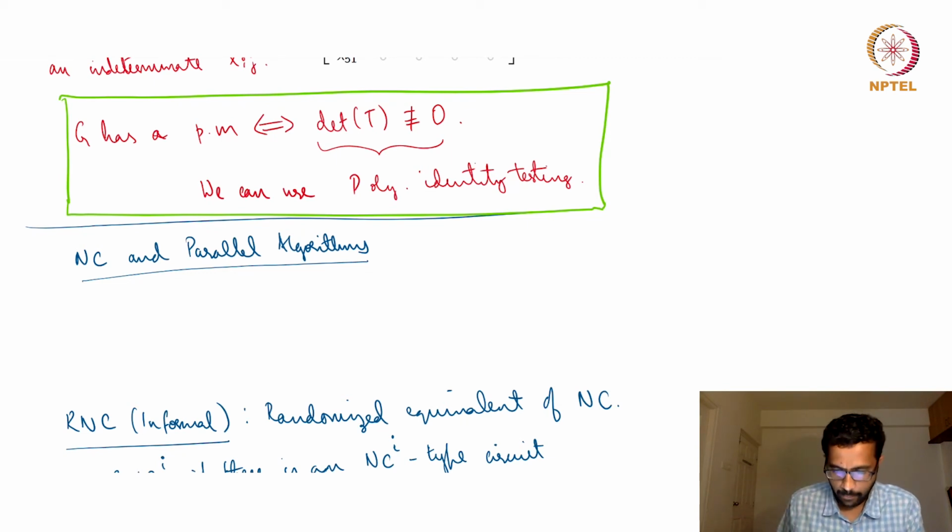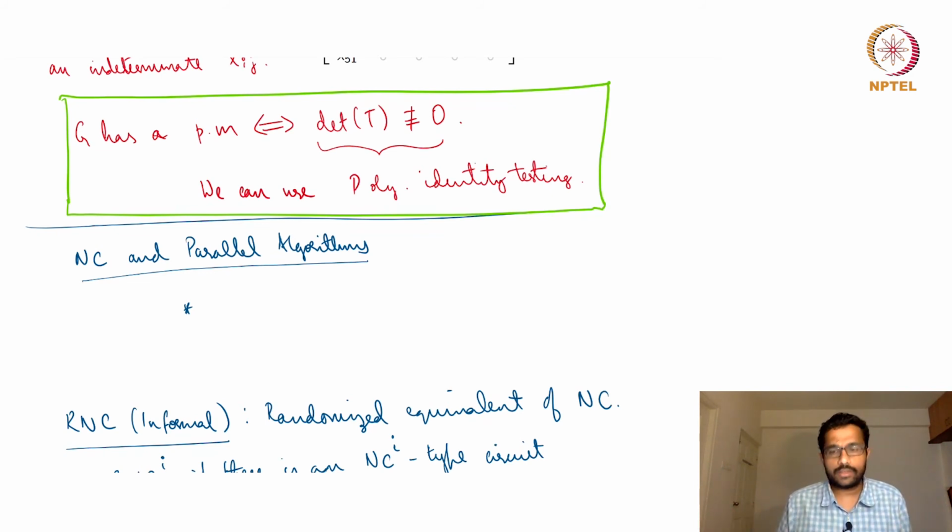And why is that? Before that, I'll just say one more point. The class NC is usually considered to be the class of problems for which there are efficient parallel algorithms, because NC is like bounded depth. We could consider each gate as a different processor, and you have bounded depth, so you have n inputs, and presumably each input is being processed by a different gate.